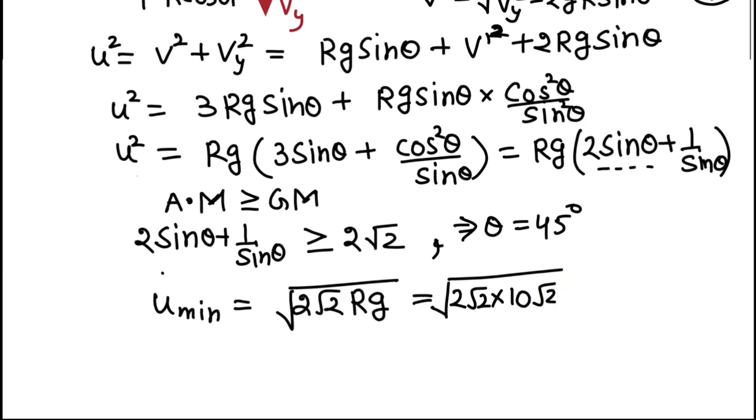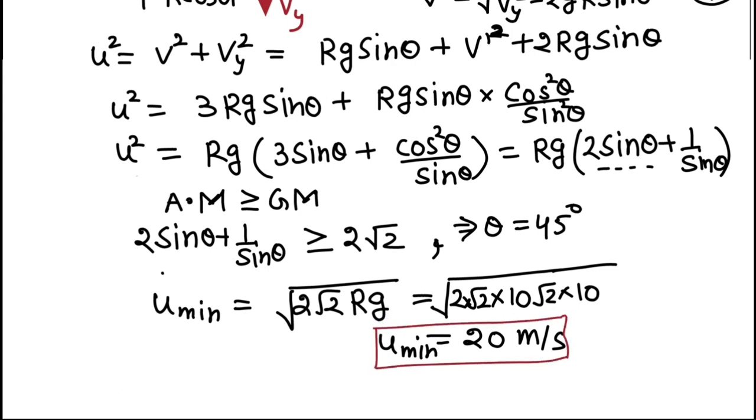So this whole term will become basically 2 into 2, 4 into 100, 400. So under root of 400 is nothing but 20 meter per second. So the minimum speed here is 20 meter per second. That is our answer here.